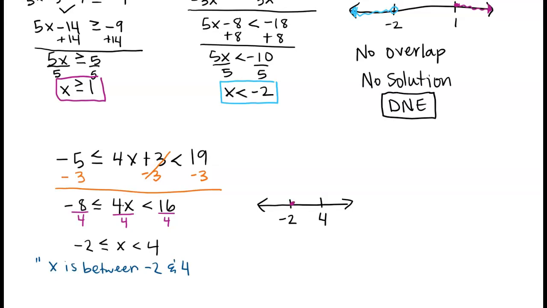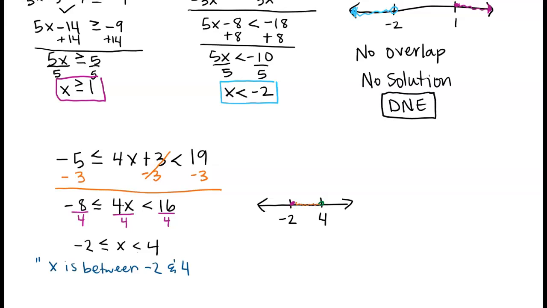And on my 4, it doesn't have the equal to part, so I'm going to not have the closed circle, but an open circle instead. Then I want all of the stuff that is between -2, including -2, and 4. That would be all this stuff in between here.